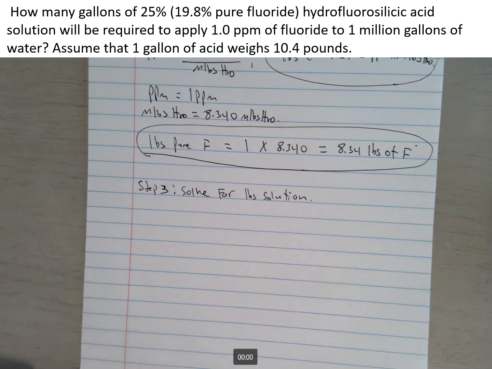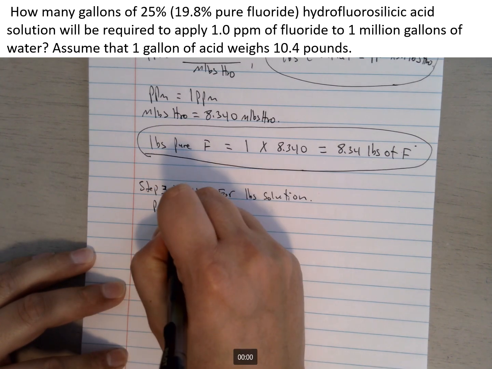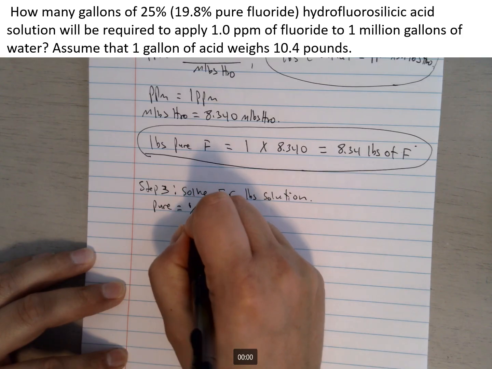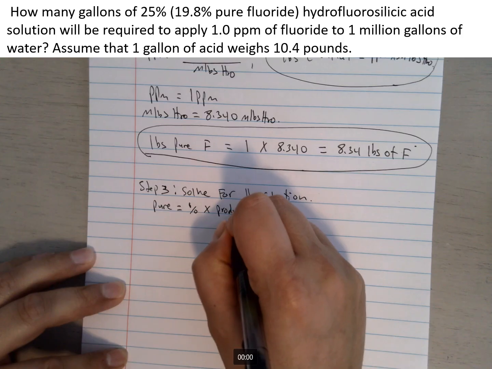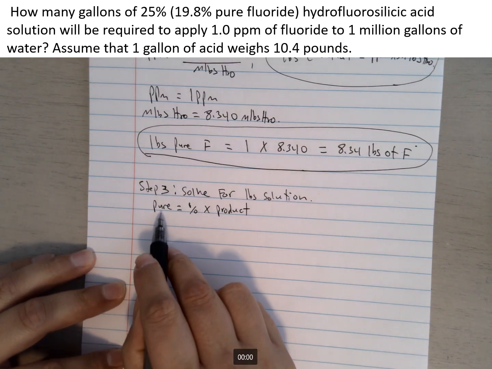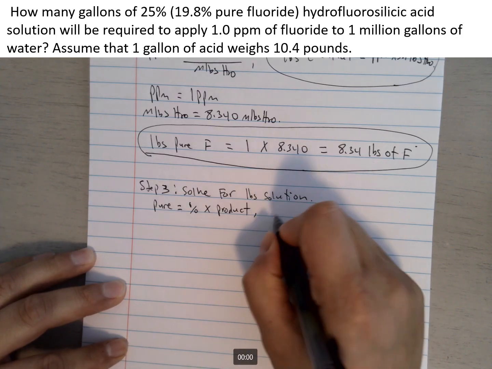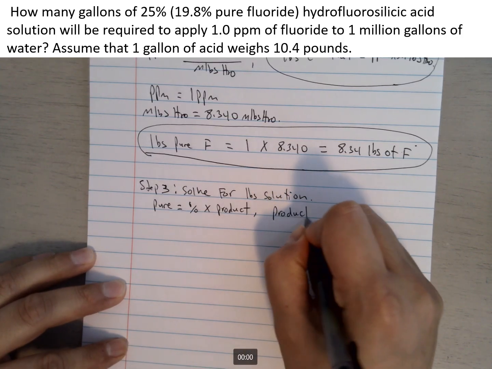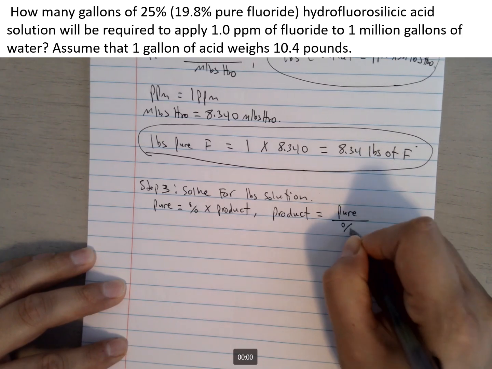Let's first write down our percentage formulas real quick, just as an overall concept and understanding. Pure is equal to your percentage times the product. Your product is equal to your pure divided by your percent.